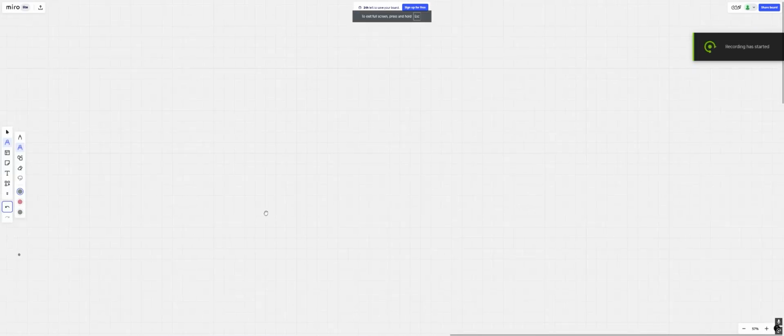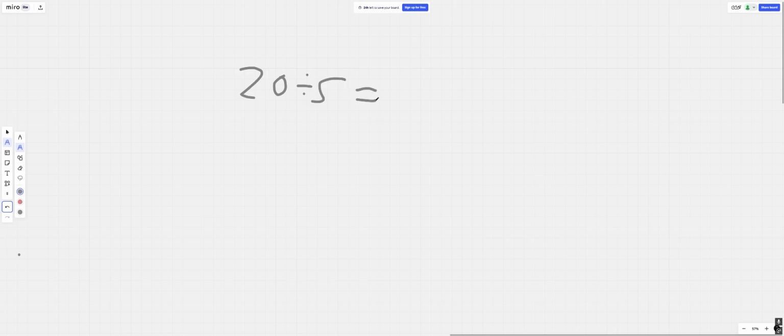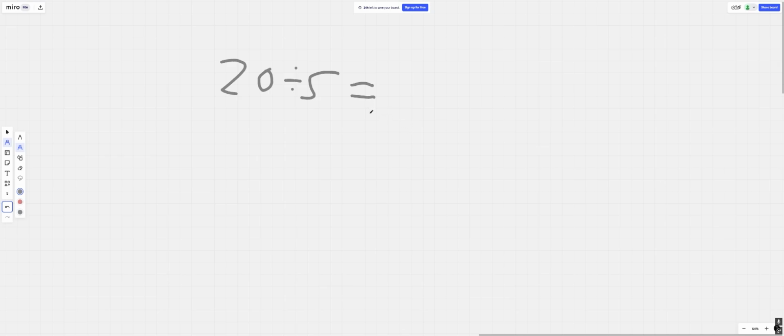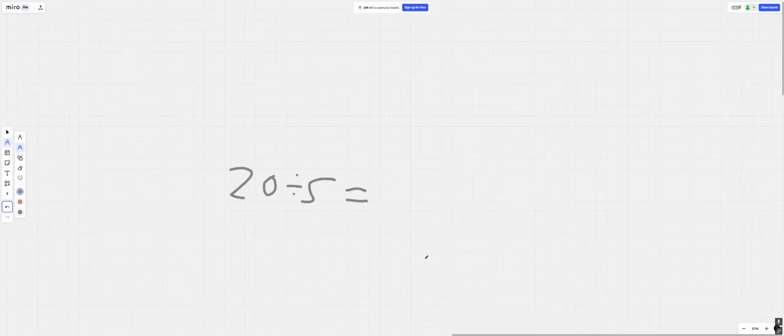There's not really much I can explain for division, but let's try 20 divided by 5. Now try to picture the drawing in your head. Divide 20 into 5 rows. So how many would go into the 5 rows? 1, 2, 3, 4 in each row.